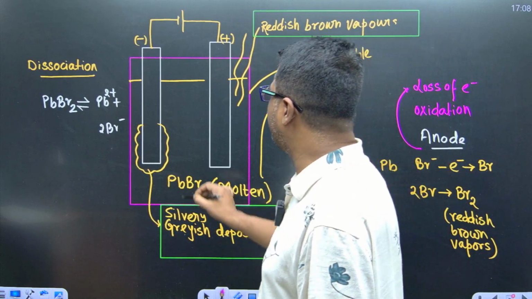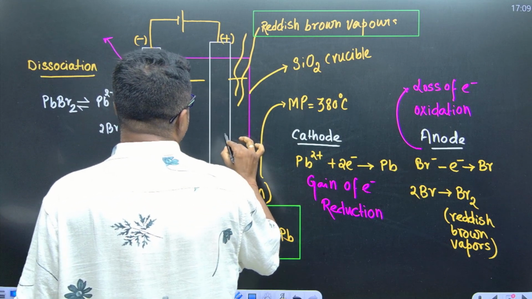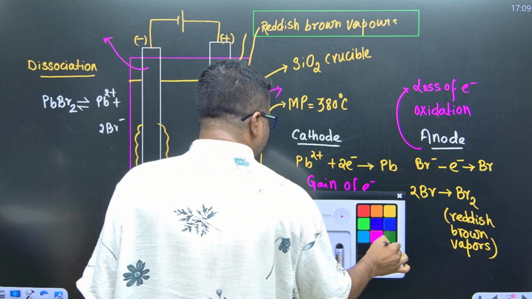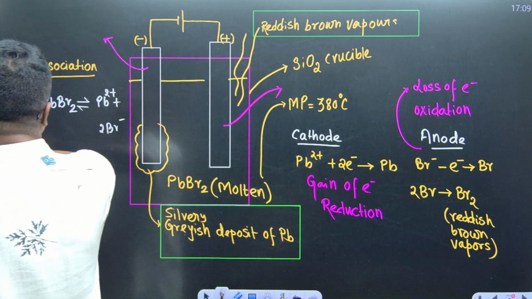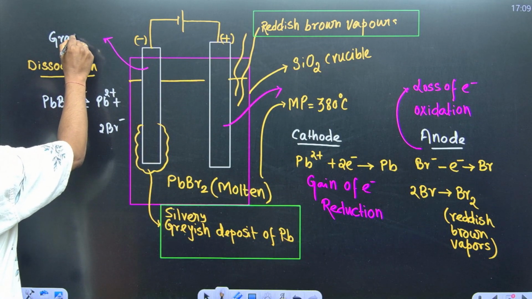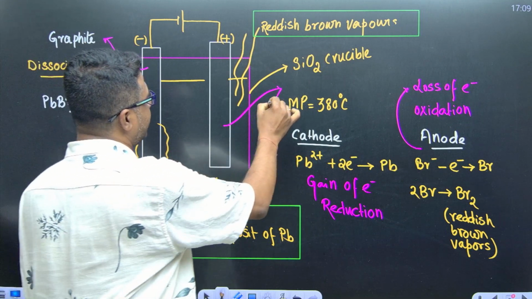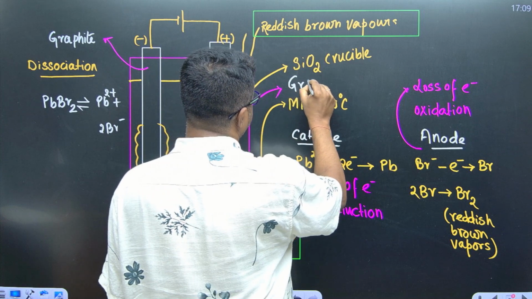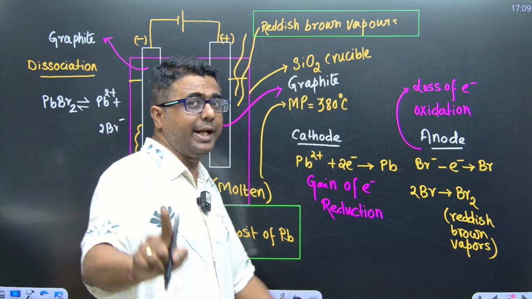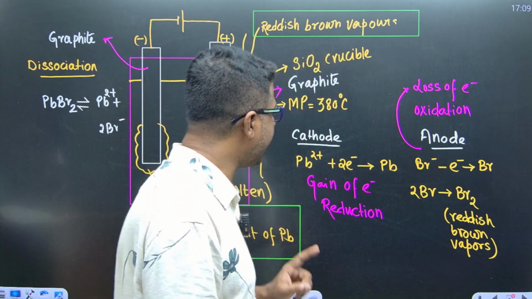Sometimes it is asked, what do you use as a material of this cathode and anode? So here the cathode material is graphite, and here also you can use graphite. Platinum cannot be used.